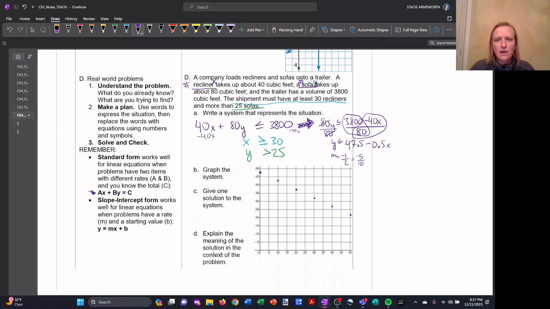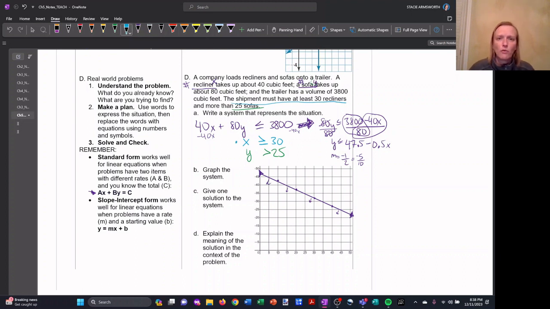This inequality has an equal sign, so I can draw a solid line here. Y is less than this expression, so I want to shade the region where the y values are below the line.